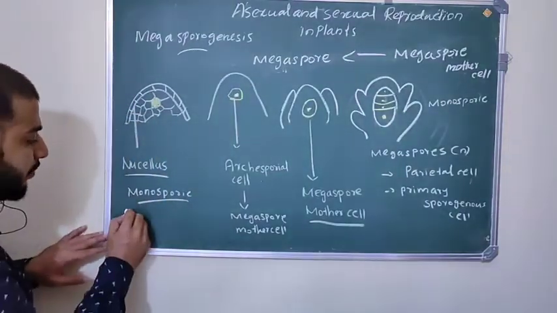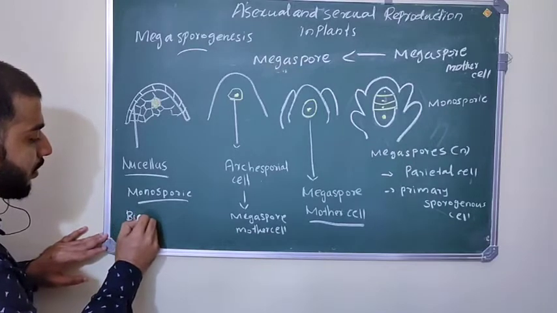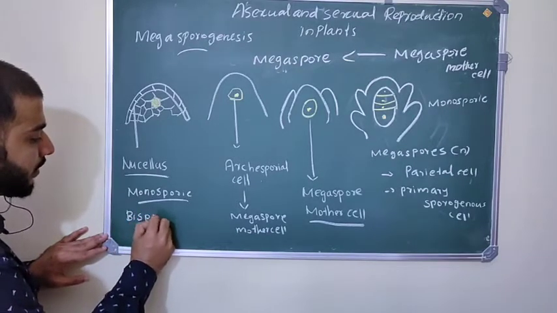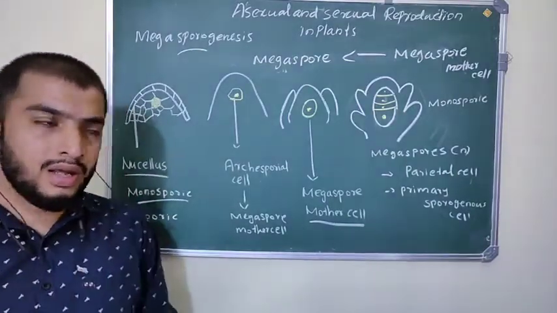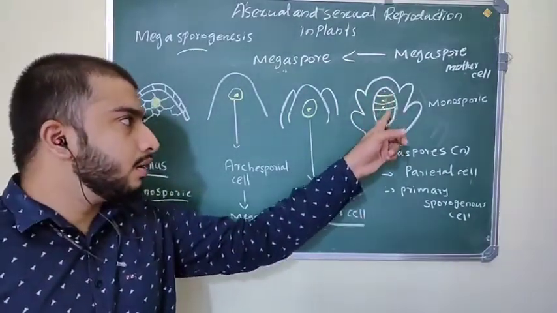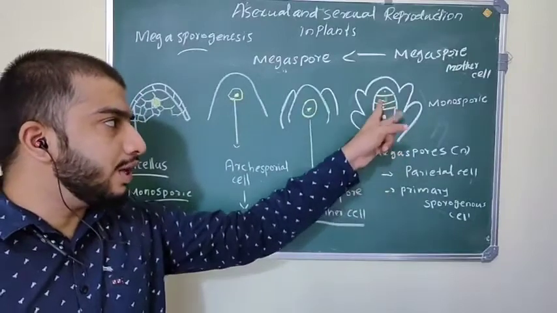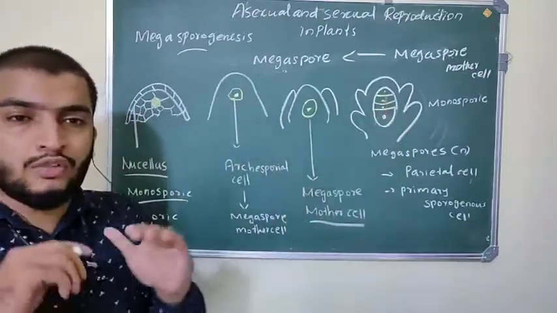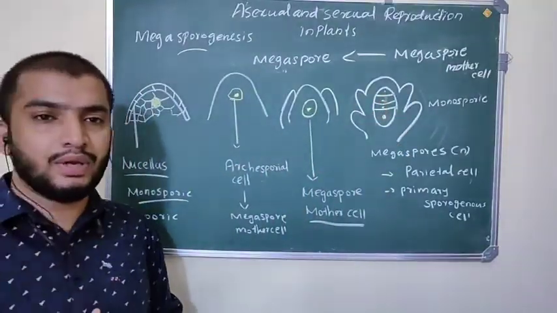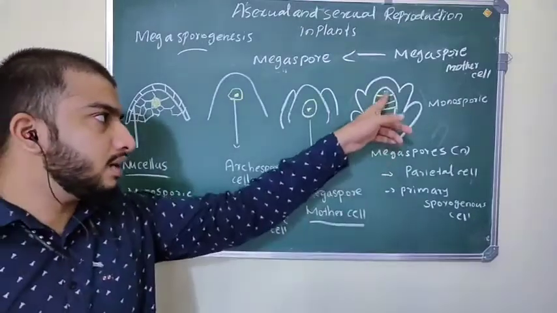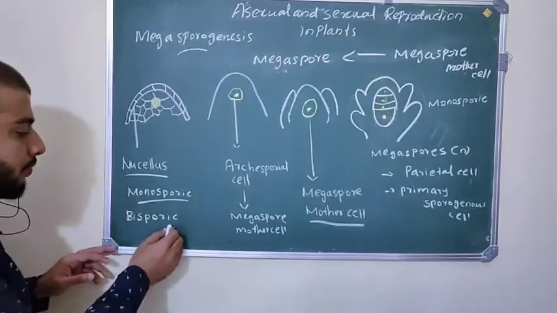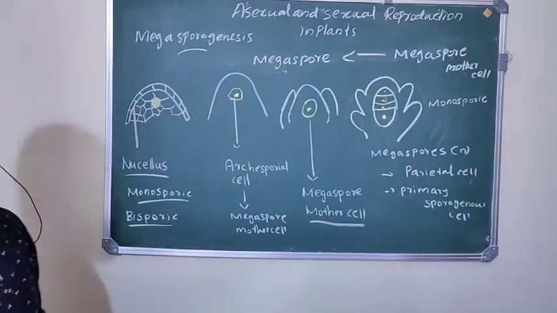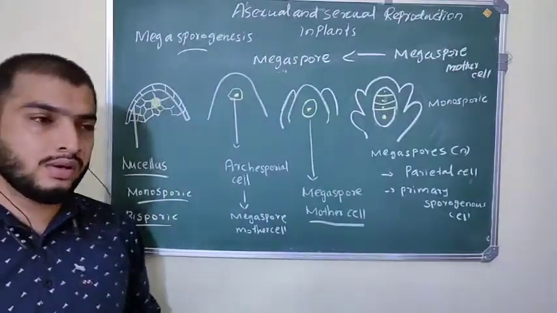Another type of development of the embryo sac is called bisporic development. Bi means two, mono means one. Here, of the four megaspores, only two become functional and develop into the embryo sac, and the other two degenerate.